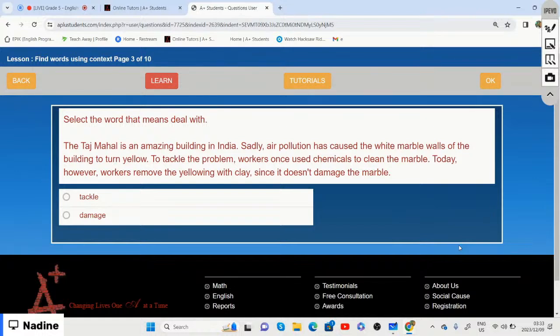It says we need to select the word that means deal with. So tackle, number one, or to damage. All right, so basically, the word that means deal with is tackle. To deal with is to tackle. So well done.